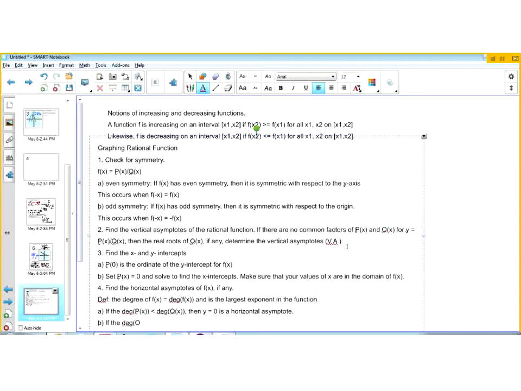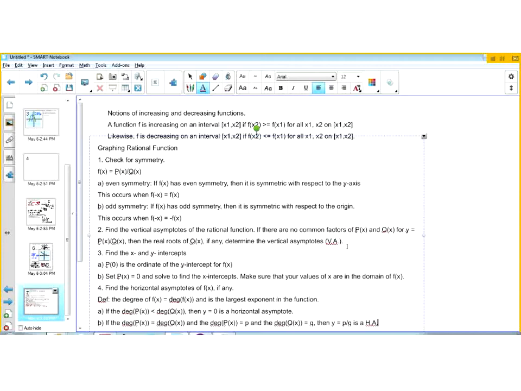Likewise, if the degree of P of x is equal to the degree of Q of x, and the degree of P of x is equal to p, and the degree of Q of x is equal to q, then y equals p over q is a horizontal asymptote.